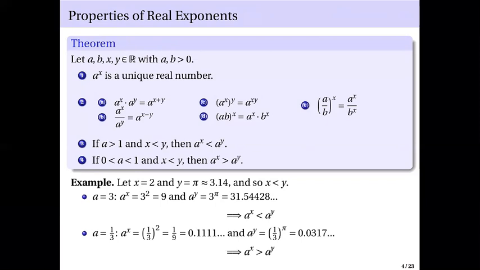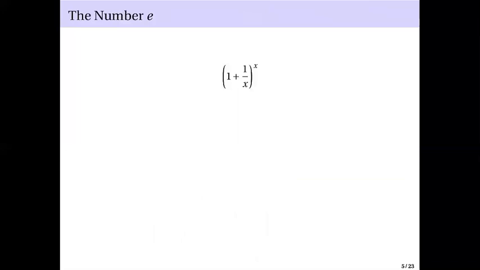Now, of course, you know this pi. It's roughly 3.14. I will introduce another number. Okay? Let us consider 1 plus 1 over x, raised to x. What we're going to do is to replace x with some numbers and compute the value of this expression here.